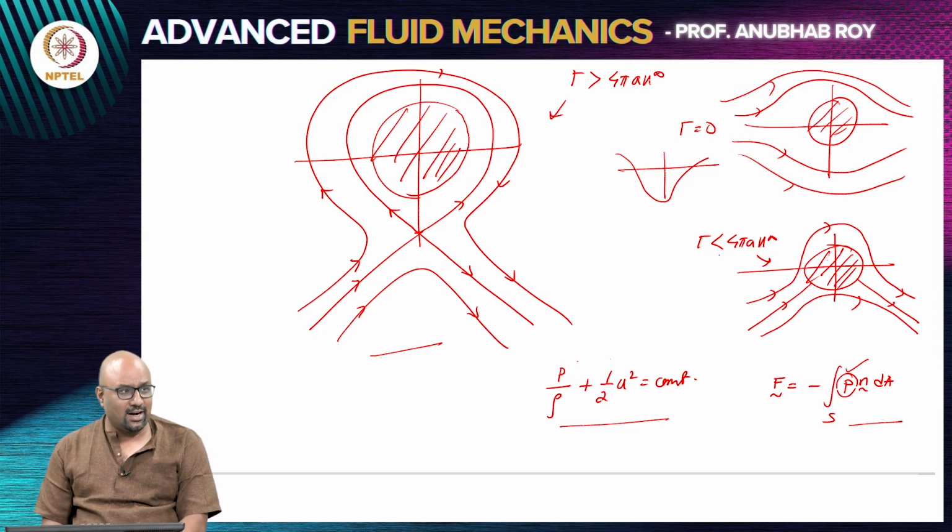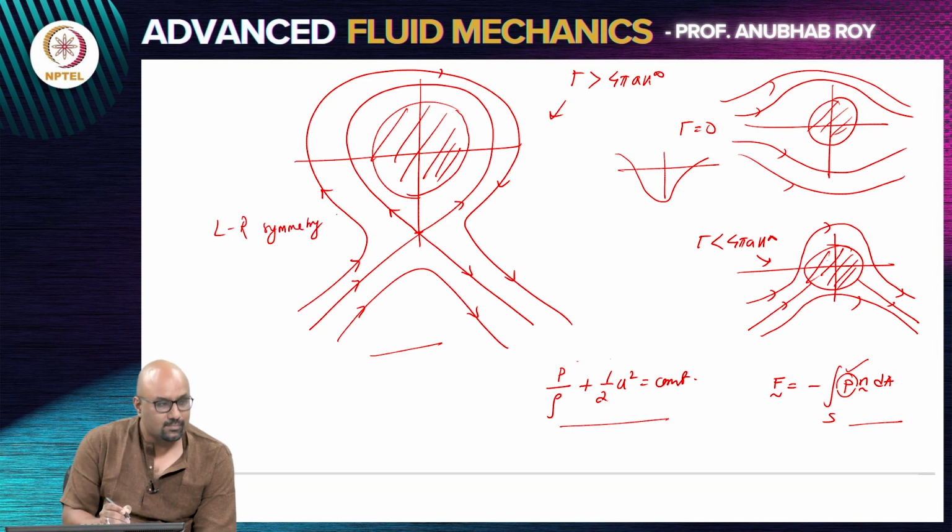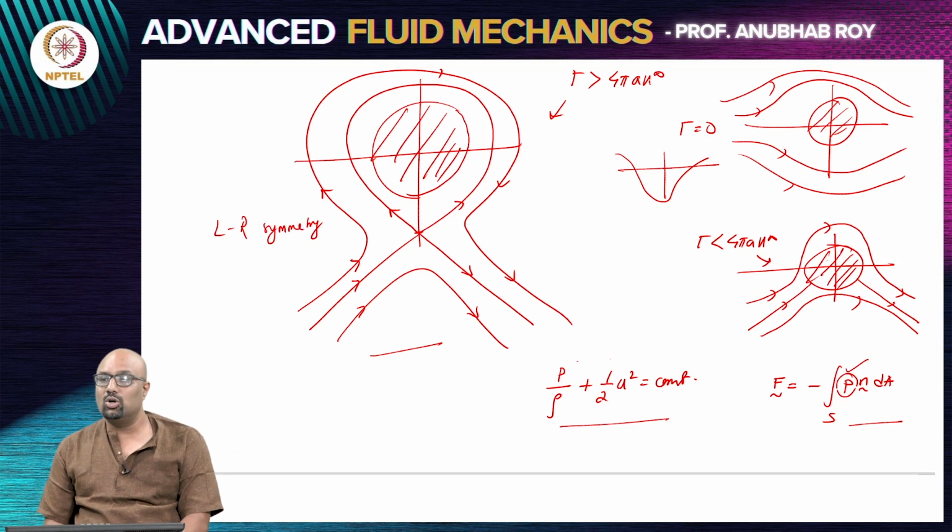So there is a left-right symmetry in your velocity field, but there is no top-bottom symmetry. Top-bottom symmetry is gone. So the flow field has left-right symmetry, but there is no top-bottom symmetry. So this is before you do any pressure calculation.